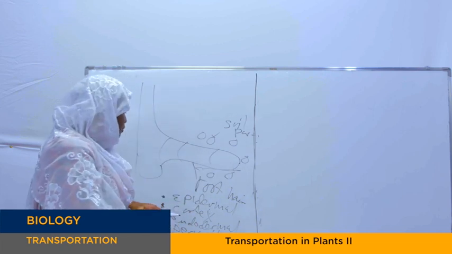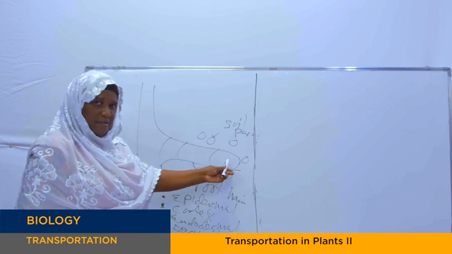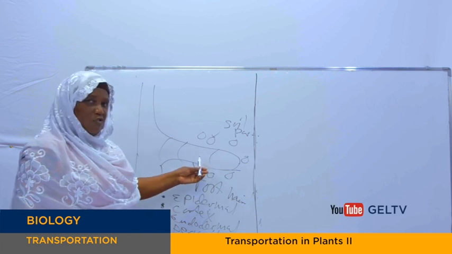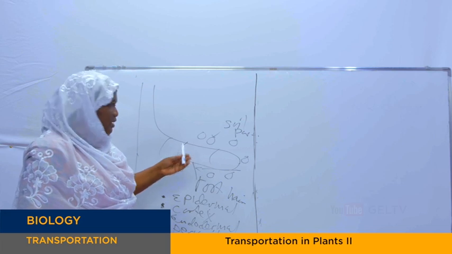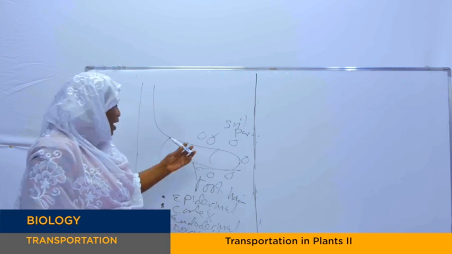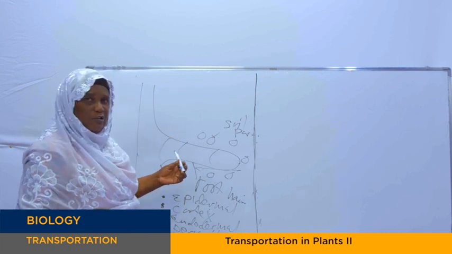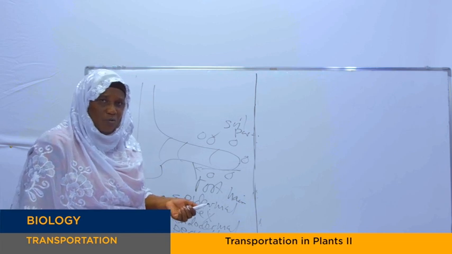We expect to see epidermal cells here. After epidermal cells, cortex cells follow. After the cortex, endodermal cells, then the pericycle. After reaching the pericycle, we expect materials to move to the xylem vessel.